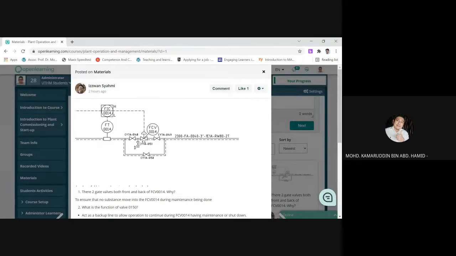Okay, how did we come up with it? Before we answer the question, we need to look at how this structure was arranged. Kenapa perlu ada both gate valves in front or at the back of your control valve? The reason is that you're doing the hazard analysis for this stream.